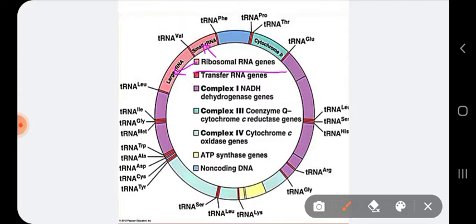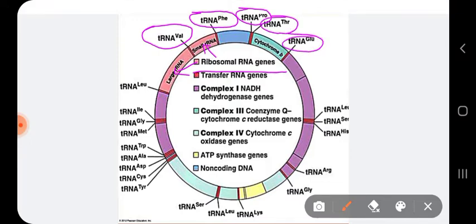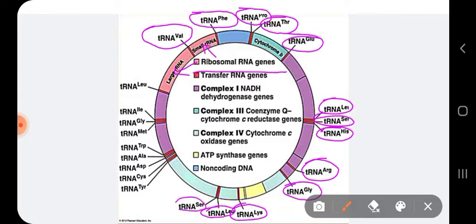You can also see some tRNA coding genes: tRNA for valine, phenylalanine, proline, threonine, glutamine, leucine, serine, histidine, arginine, glycine, lysine, leucine, serine, and all the other tRNA encoding genes are observed here.